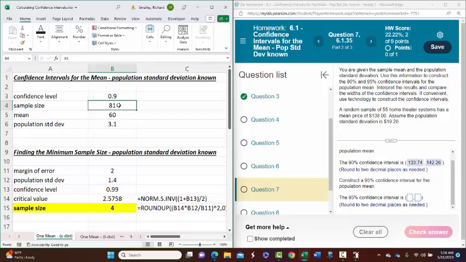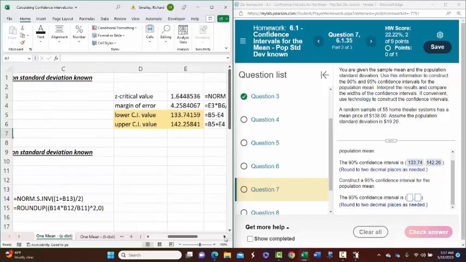Sample size 55. 138, 19.2. There they are, the lower and the upper. So rounded to 2 decimals, 133.74, 142.25.